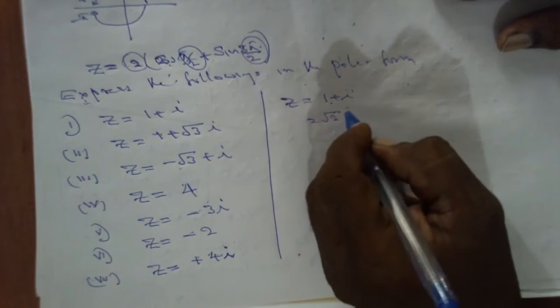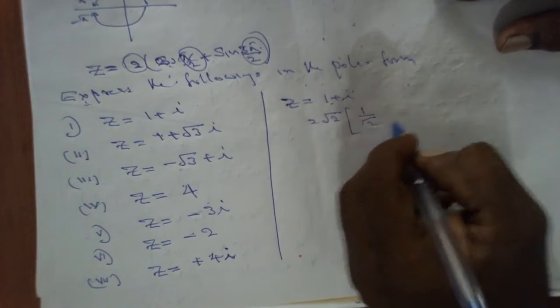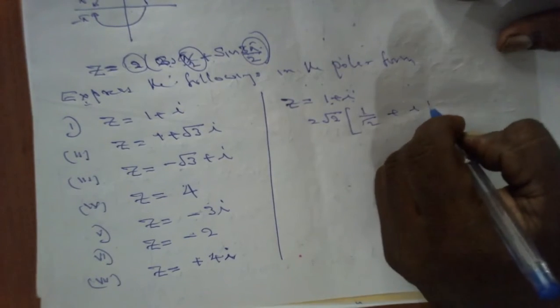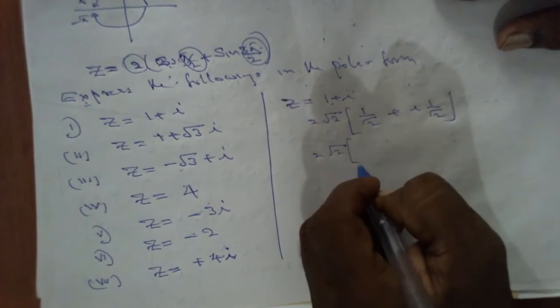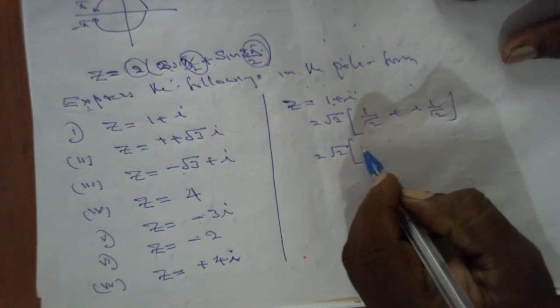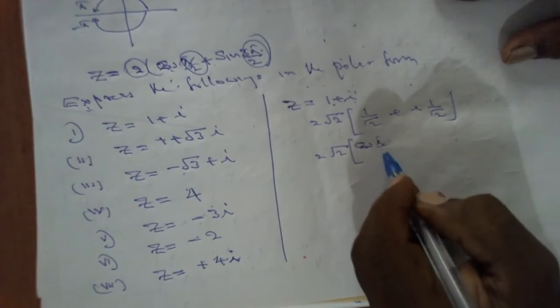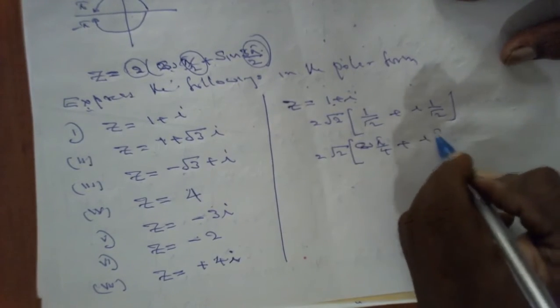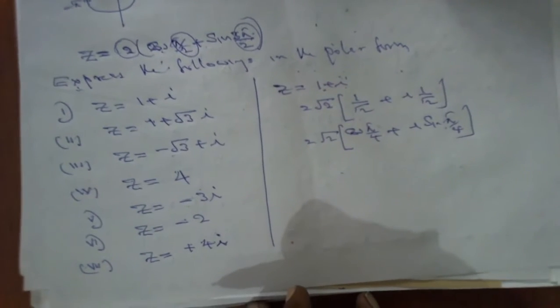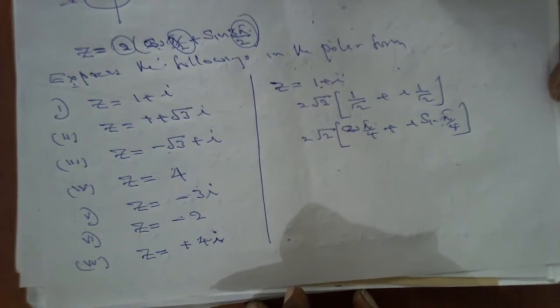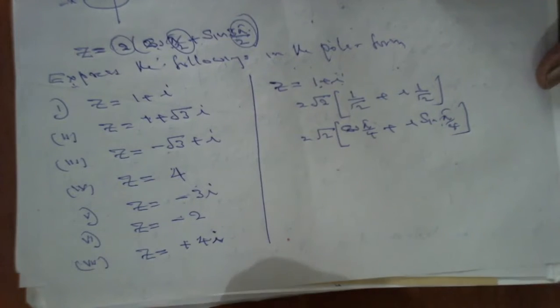Take root 2 out: 1 over root 2 plus i times 1 over root 2. Then root 2 times, 1 over root 2 is cos pi by 4 plus i sin pi by 4. Like this. Is it clear?